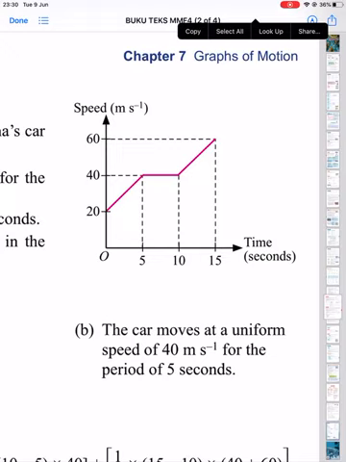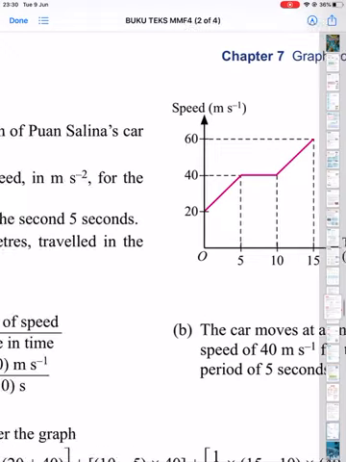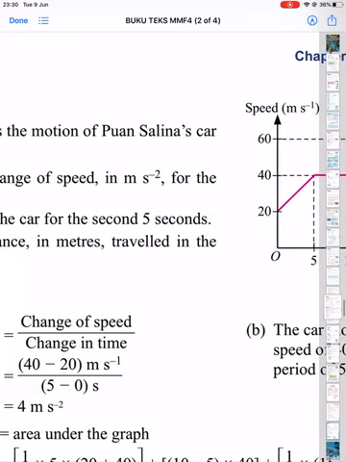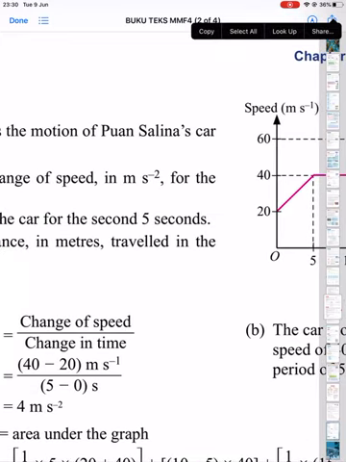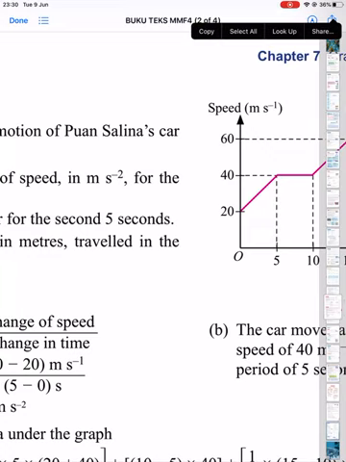The second 5 seconds, the first 5 seconds is the first 5 seconds. The second 5 seconds is from the 5th second to the 10th second.